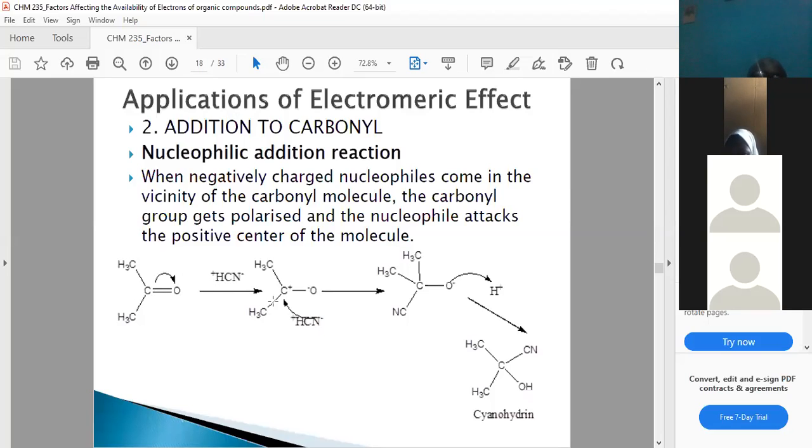Like in this reaction, you have hydrogen cyanide reacting with propanone to give you this cyanohydrin as the final product. This reaction is made possible because of the operation of electromeric effect. Okay?